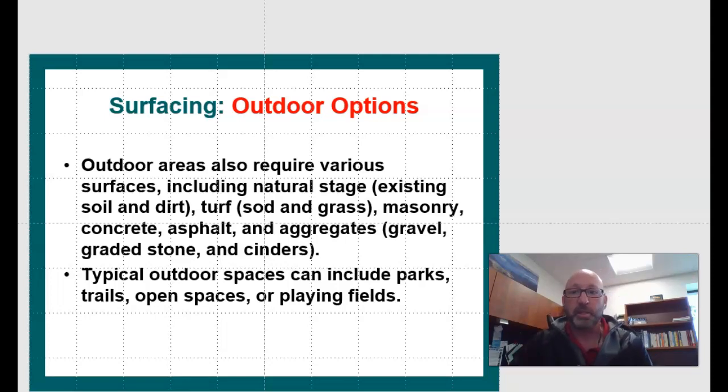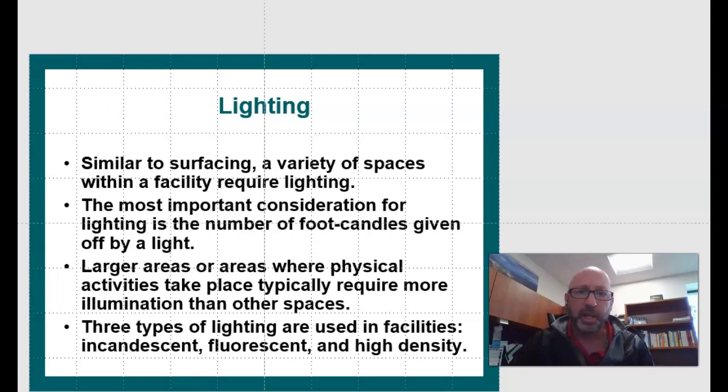Okay, now also, we're going to talk about lighting. So similar to surfacing, a variety of spaces within a facility require lighting. The most important consideration for lighting is the number of foot candles given off by a light. That is a reading that you take with an instrument that measures the amount of light.